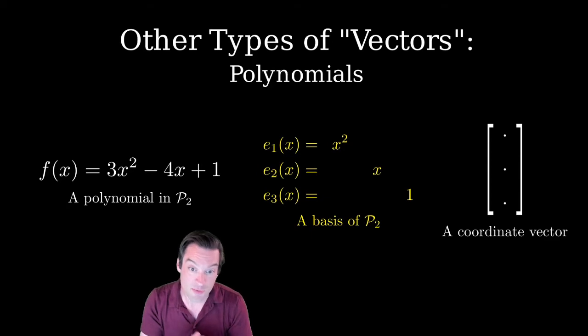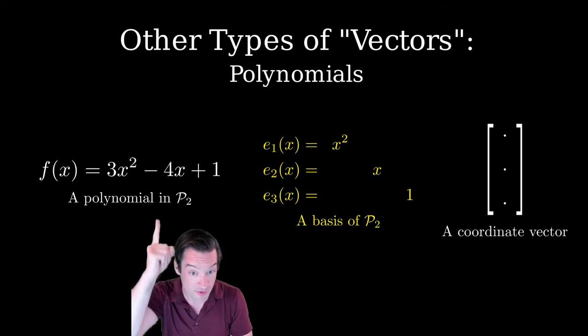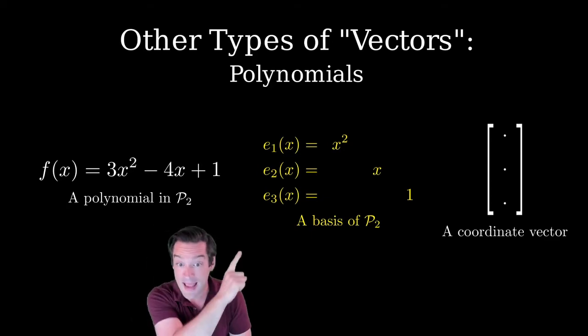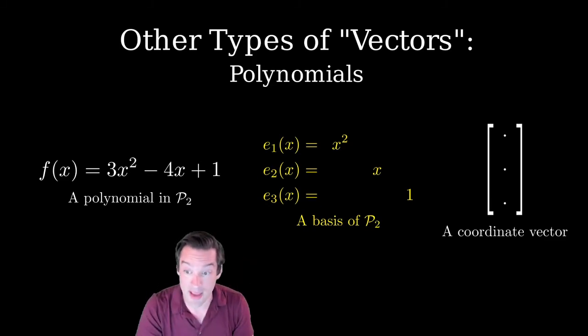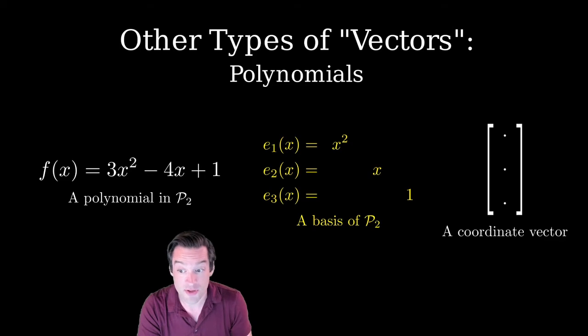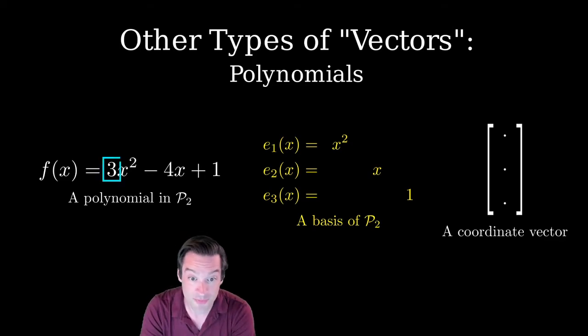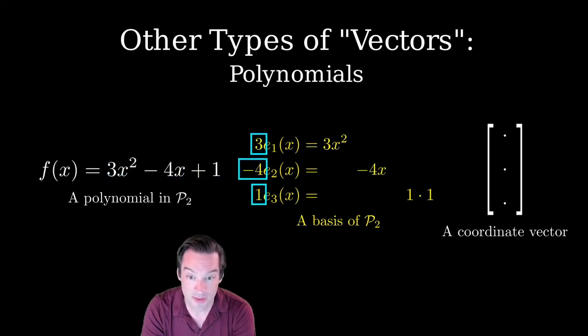And they're chosen in such a way that makes it pretty quick for us to see how this particular polynomial can be written as a linear combination of the ones in that basis. The coefficients of that linear combination are just the coefficients of the relevant order terms in my polynomial. So 3, negative 4, and 1. That's how many x squareds, how many x's, and how many 1's it takes to make my polynomial in question.